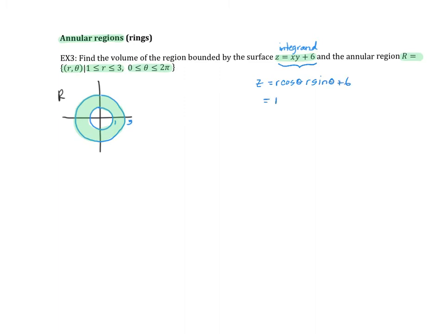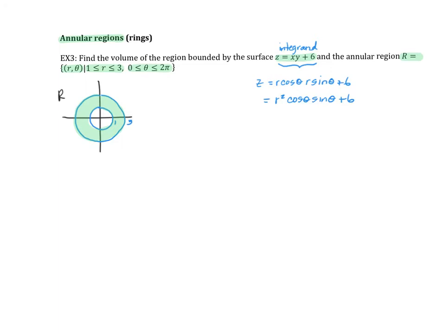If I multiply those two r's, I get r squared cosine theta sine theta. Now I can see that eventually I'm going to have to integrate with respect to theta, and I'm going to have to integrate cosine times sine, which is a product of functions. So I either have to use a trig identity or a substitution to evaluate.